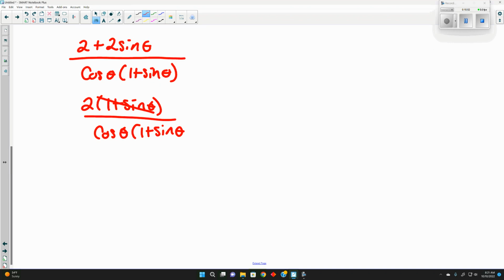Well, these will cancel, leaving us with 2 over cosine of theta, which is 2 secant of theta. Questions on this here? There's a lot of steps, but probably, hopefully, not as challenging as you thought it was going to be.